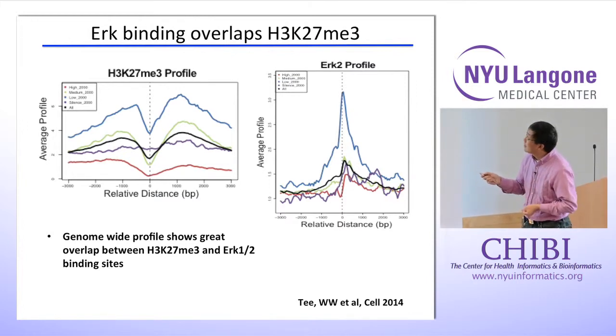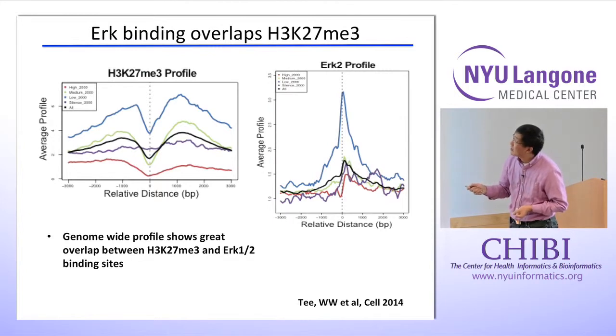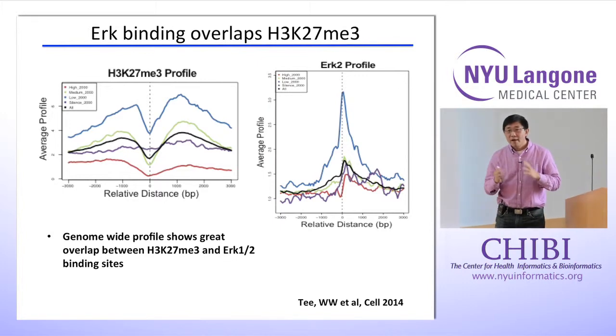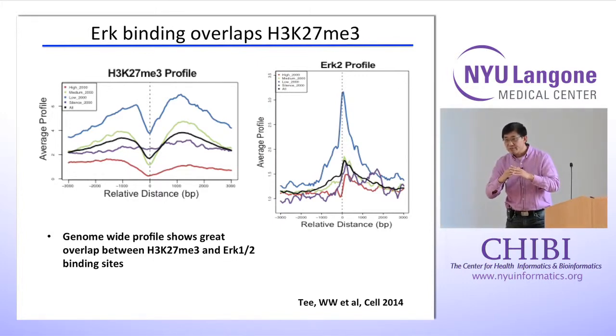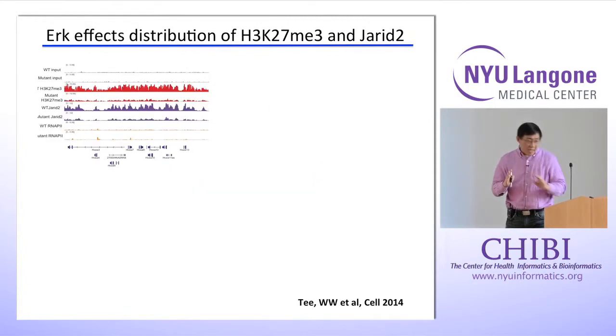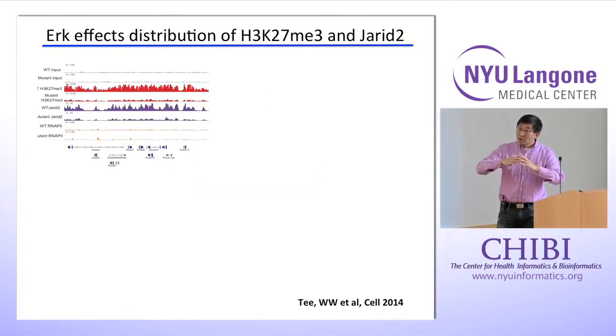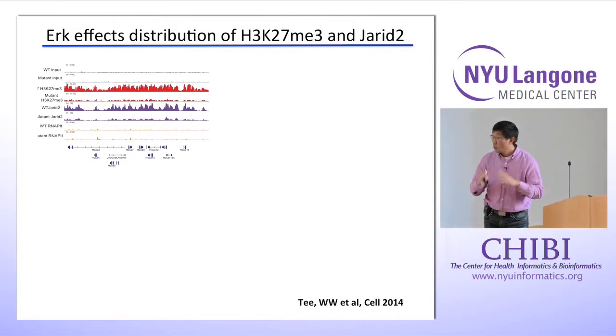After the ChIP-seq, we see ERK occupies exactly the same group of genes. This tells us ERK and K27 may coexist, but we really don't know if they are functionally related.